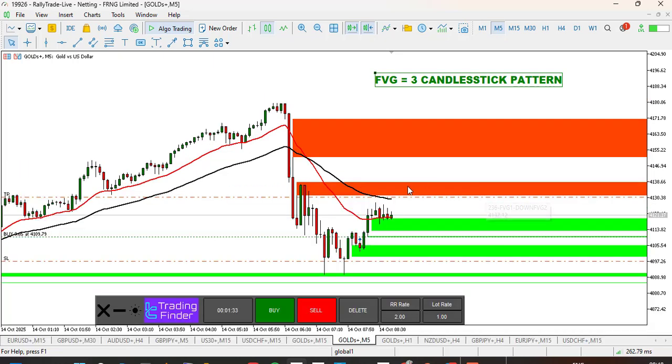Now, watch very carefully. The way I place the take profit is just below this bearish fair value gap. Why? Because number one, since it's a fair value gap, it's a value that the market is actually going to be attracted to. So that's where your take profit should be, because you set a take profit where you know the market will be attracted towards that particular area, right? So I have my take profit there.